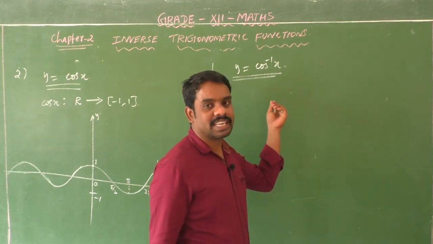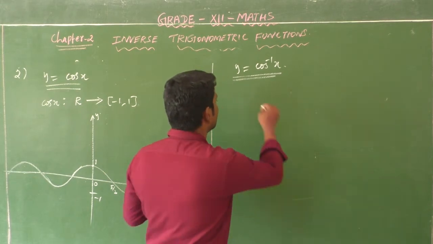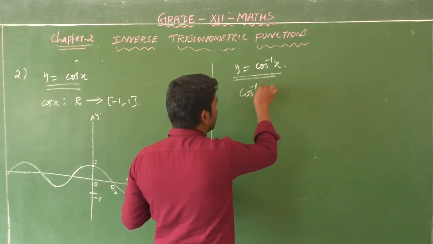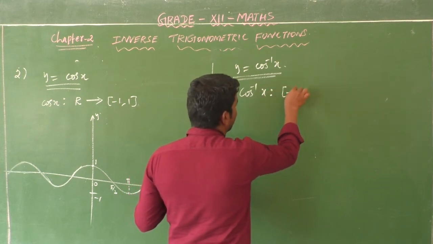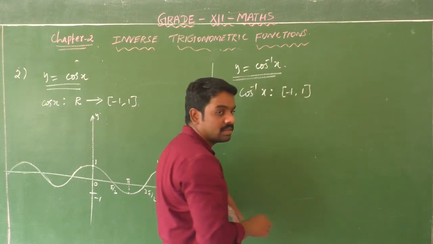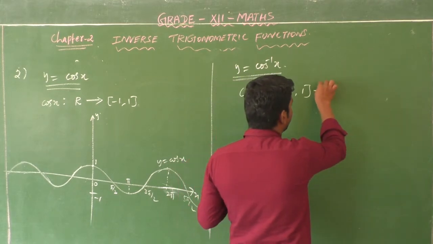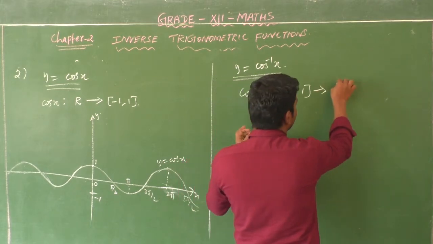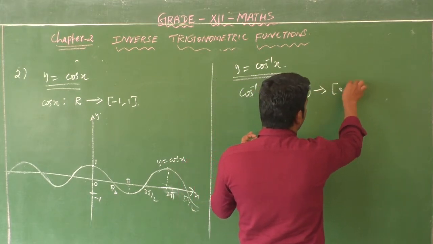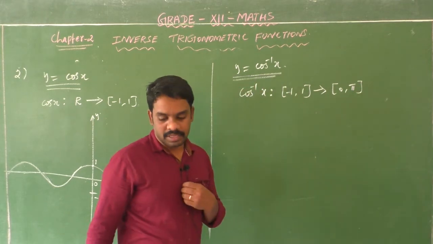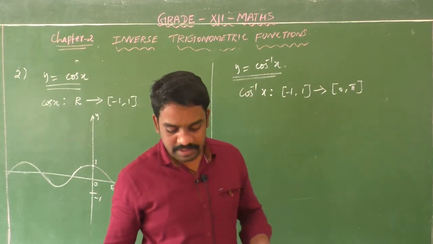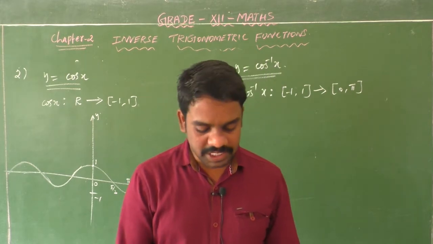The function cos inverse x exists when the domain is minus 1 comma plus 1 and the range of cos inverse x is 0 comma pi. So 0 comma pi is the principal domain.